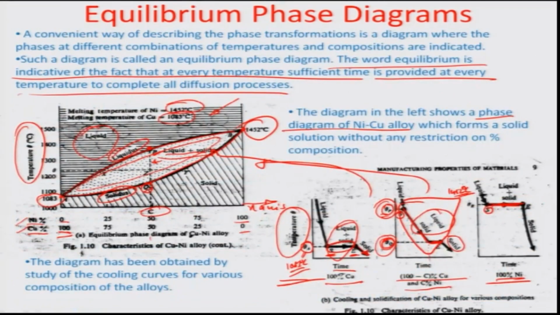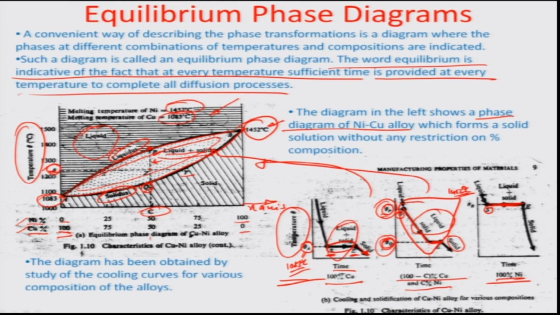Let us look back. This is the xz line corresponding to a particular temperature theta. So, we can think of it as if the nickel has already solidified at the temperature theta, because obviously the melting point for nickel is 1452 degrees Celsius.